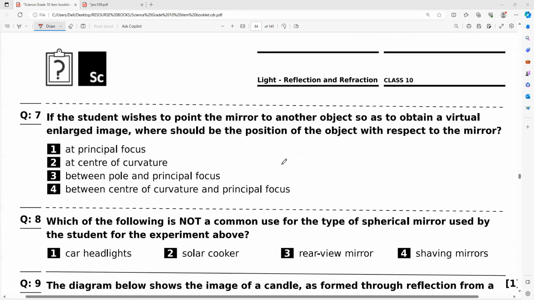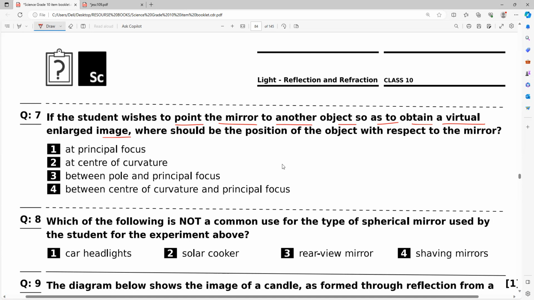Right, next. If the student wishes to point the mirror to another object so as to obtain a virtual and enlarged image, we all know virtual and enlarged means there is only one case. What is that case?